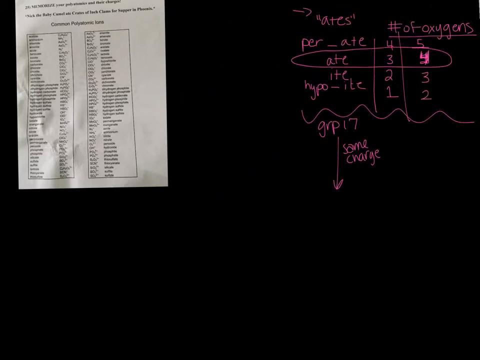All right, so let's go ahead and look at this goofy little sentence. This sentence tells you your -ates, like I said, and each one of those words represents one of those -ates. So Nick represents nitrate.